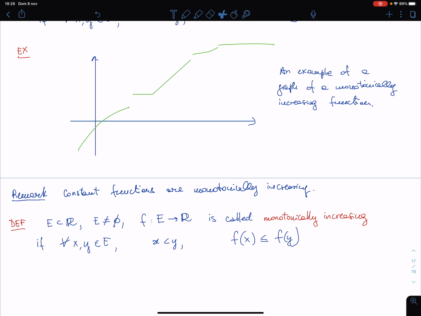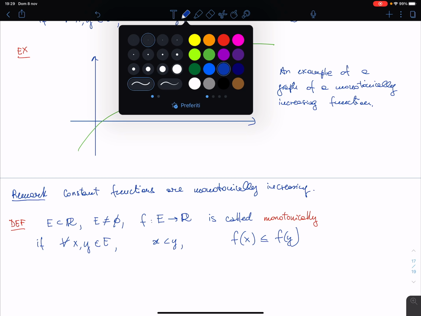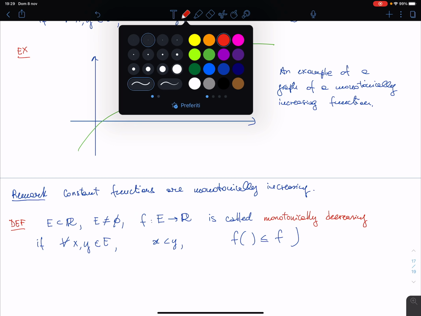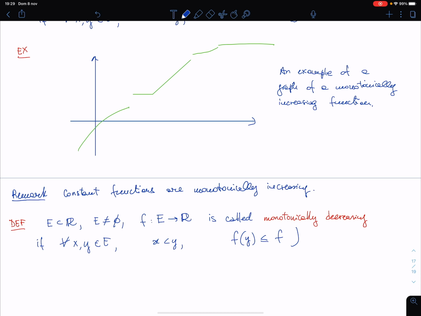Here again I have a domain E, subset of R, non-empty, and the function is called monotonically, this time, decreasing if, whenever I take x less than y, then the image of the larger point y is not larger than the image of the smaller point x.